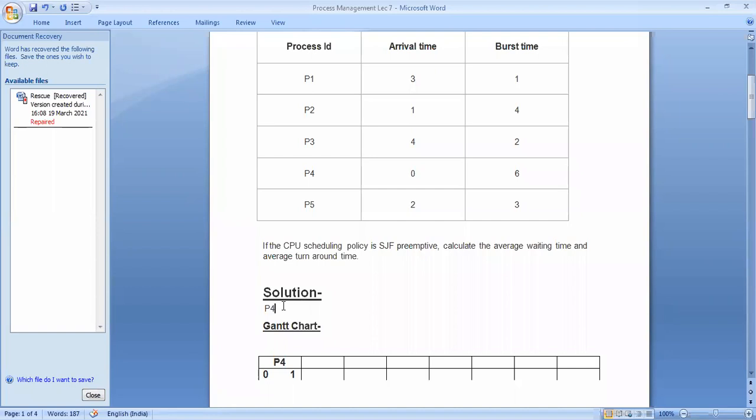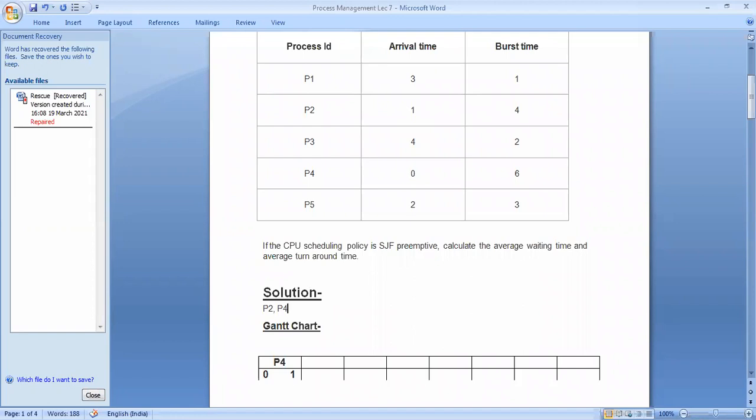Now after 1 millisecond, you check within the ready queue, two processes are there, P2 and P4.